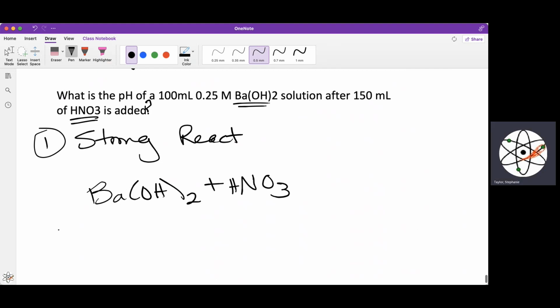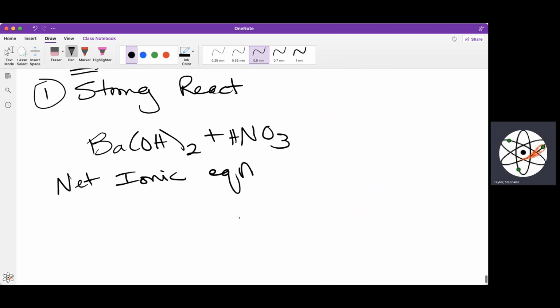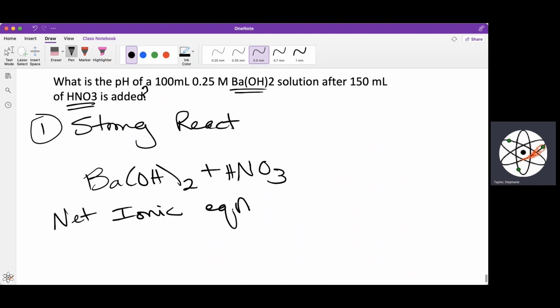So what's going to serve me better is to use a net ionic equation. And really all I'm going to care about are the things that are going to be in my solution that might affect my pH. They're going to be the things I can't cancel out on both sides, things that are always soluble. This is back to chapter 9 in Gen Chem 1.